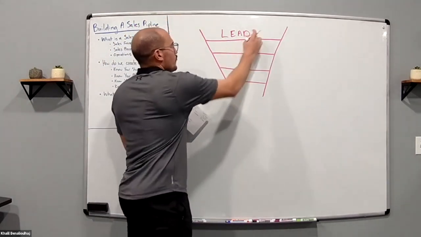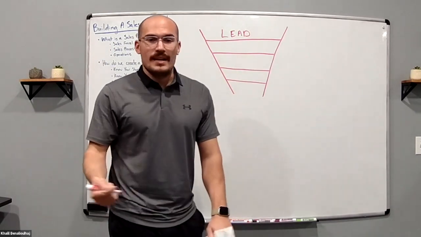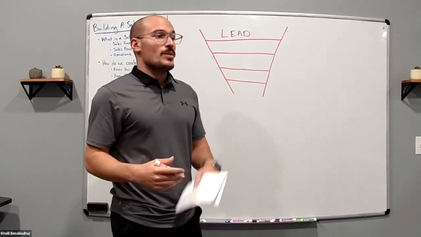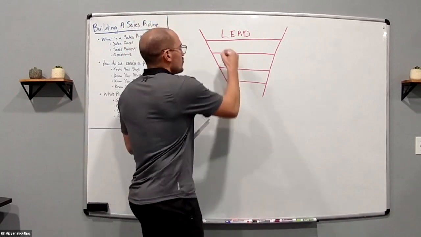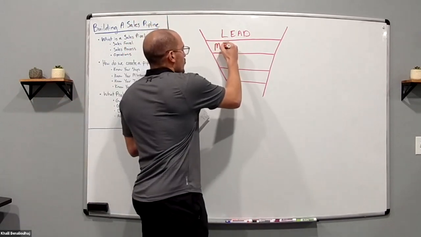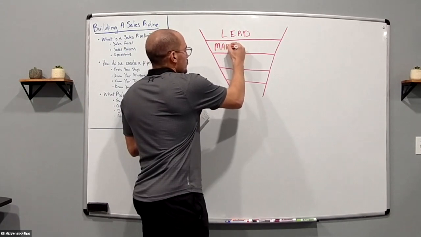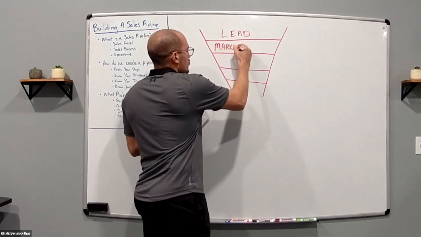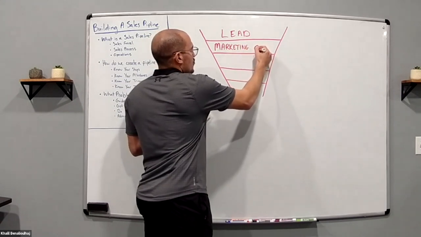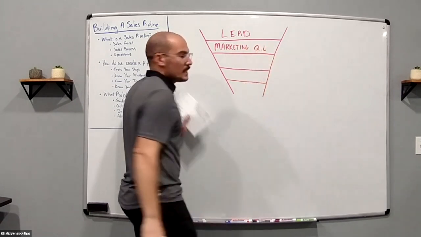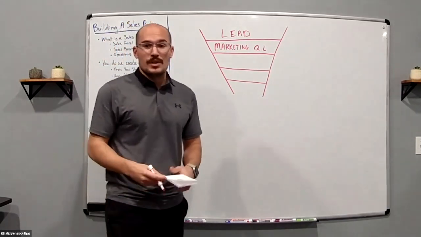And those leads are different than the business card we got at a lunch, or someone calling and saying, hey, you should talk to my cousin, right? So these are going to be called marketing qualified leads. I'm going to use QL for qualified leads. MQL is a common term for that.